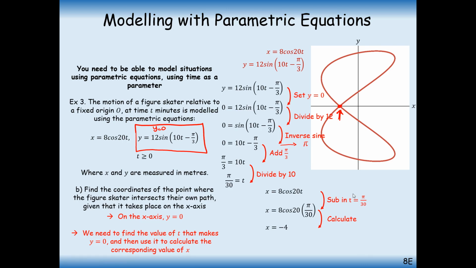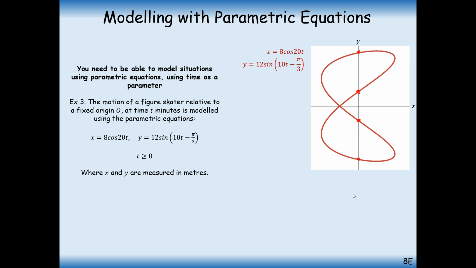Okay, looking at the next part of the question, we have been asked to calculate the coordinates where the graph cuts the y-axis. So that's those 4 coordinates there. We can see on the graph we have these points that we need to figure the y coordinate out.